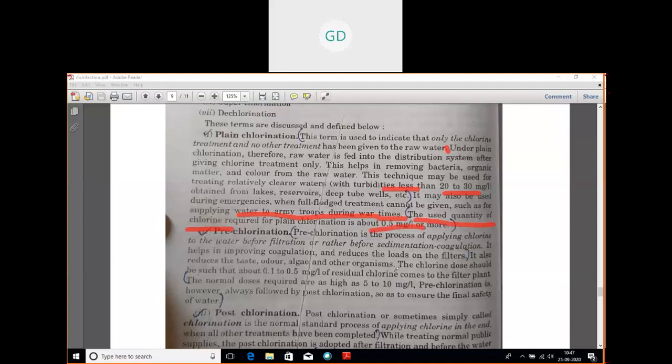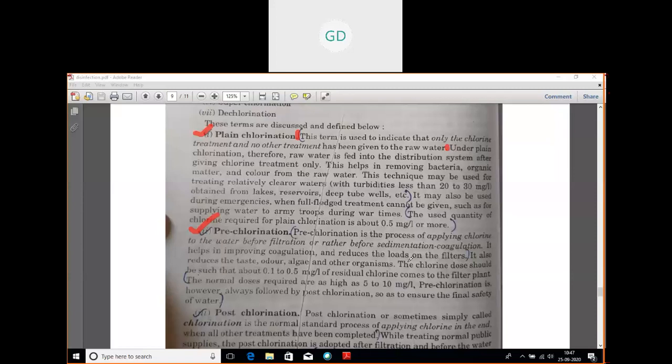Next is pre-chlorination. From the name itself, pre-chlorination is the process of applying chlorine to the water before filtration, or rather before sedimentation aided with coagulation.